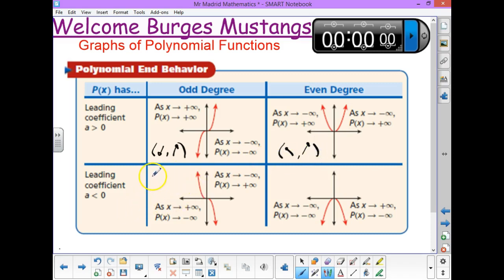Here on this one, the left is going up and the right is going down. And on this one, both arrows are going down. We're going to use this in a little bit.